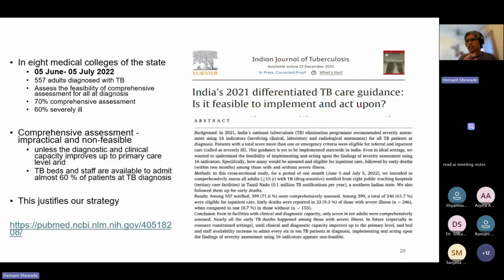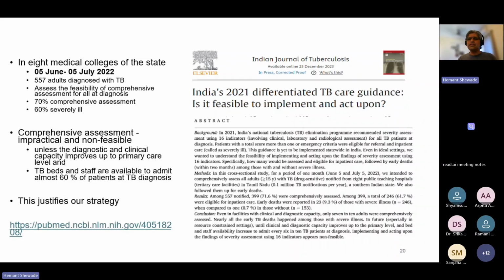Now, in addition, we are very clear with this. In the field, if you implement a 16 indicator based criteria, routine program staff will not be able to differentiate that someone with 89% saturation and someone with elevated LFT both may require inpatient care as per the 16 indicator based guidance or based on comprehensive assessment, but they will not be able to prioritize, right?